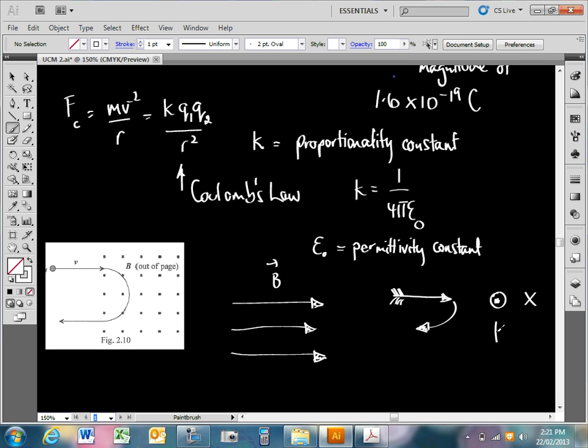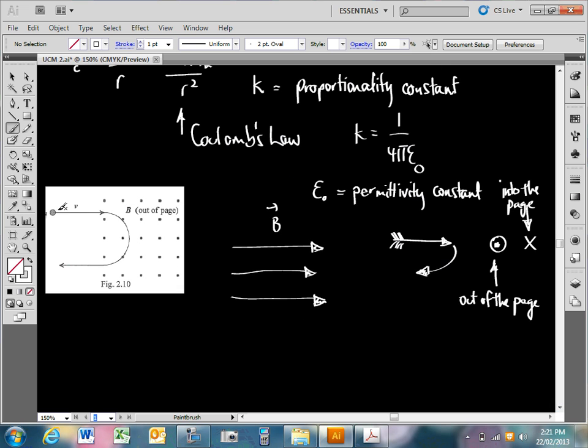So that denotes out of the page. And that denotes into the page. And that's where it comes from.